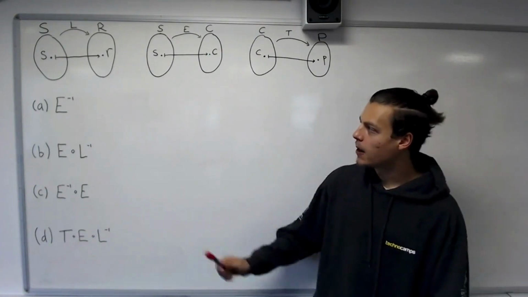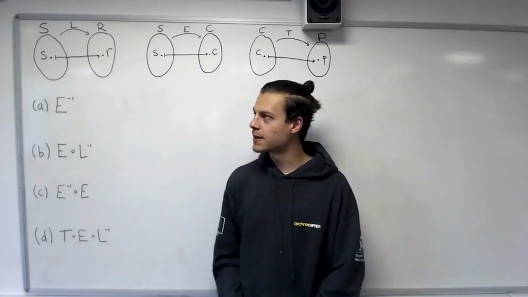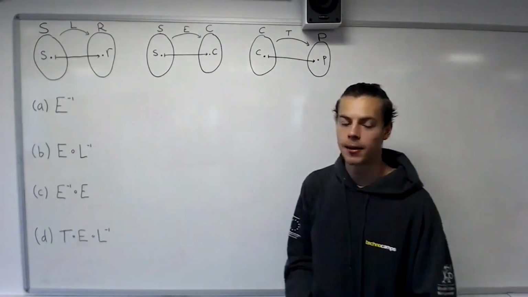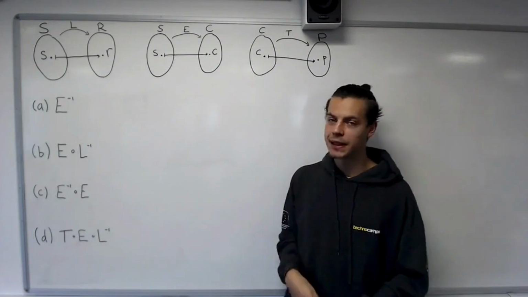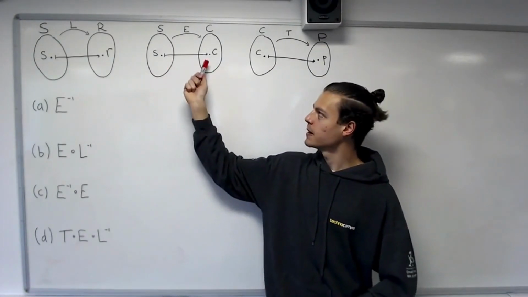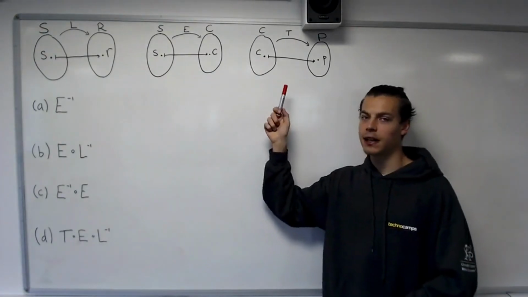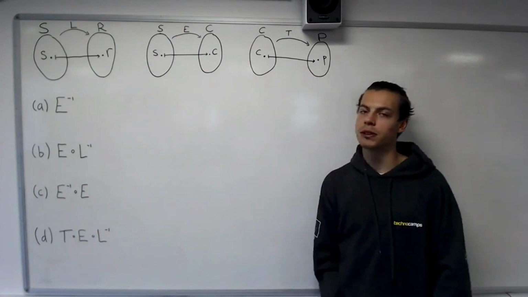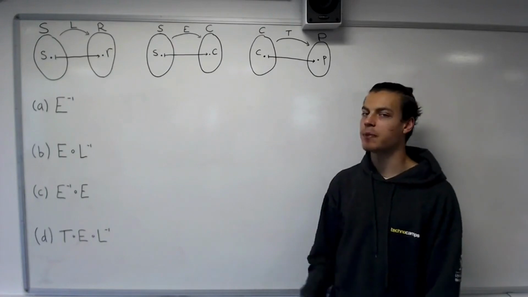L relates a room R to a student S if student S lives in room R. E relates a course C to a student S if student S is enrolled on course C. And finally, T relates a professor P to a course C if the course C is taught by professor P.